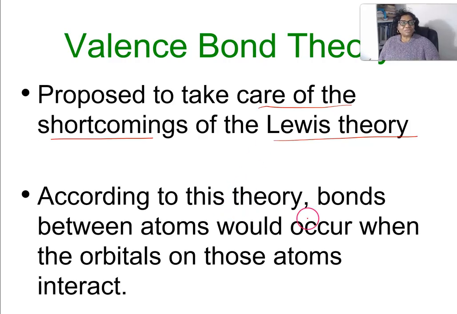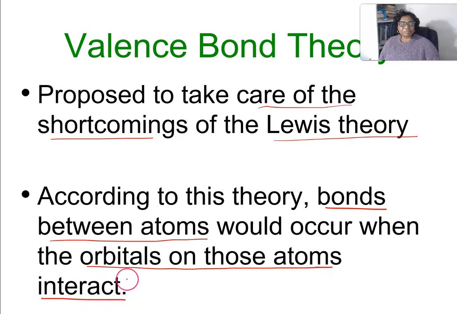So according to this theory, bonds between atoms would occur when orbitals on those atoms interact. So that is what valence bond theory is saying, that bonds between atoms can only occur when orbitals on the atoms interact.